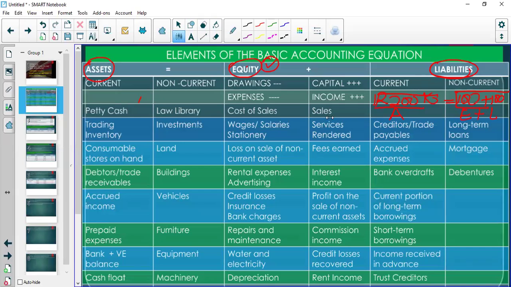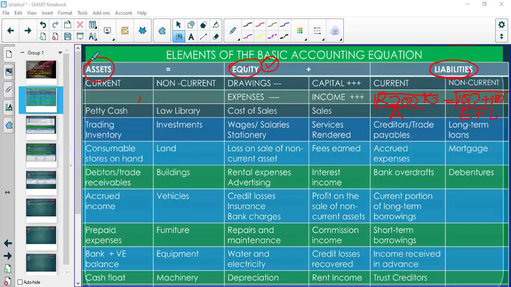So this first page that you can see here, I included it so that we can be reminded again.